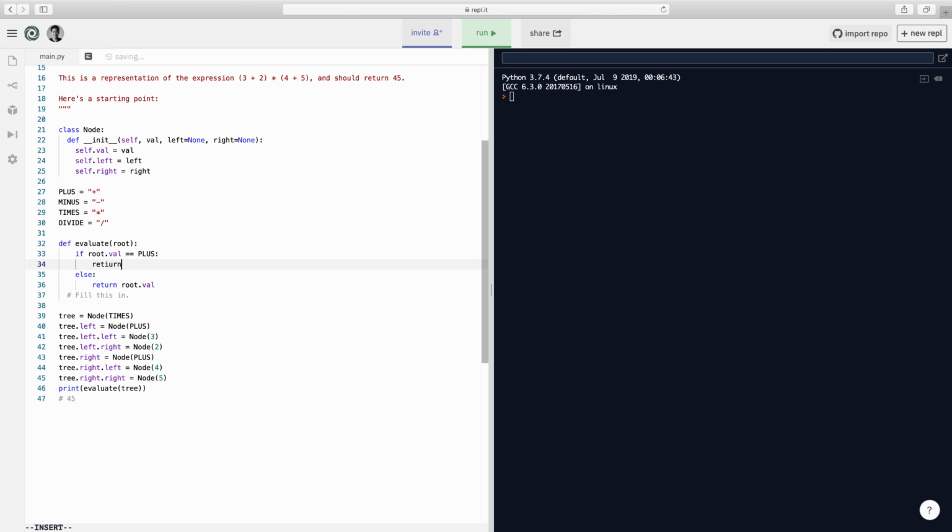Anyways, it's going to be pretty much the same thing for everything. You return evaluate left, which is, like I said, when you solve left, and then you add it because you have the plus here, evaluate root right. That's pretty much it, and then you do that for every other operation.